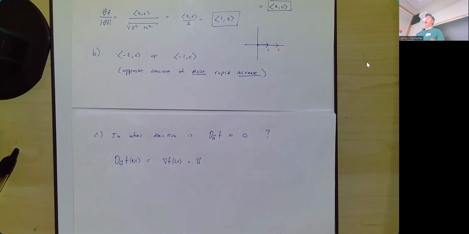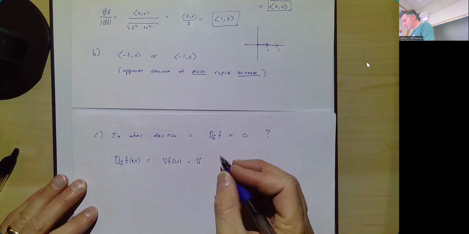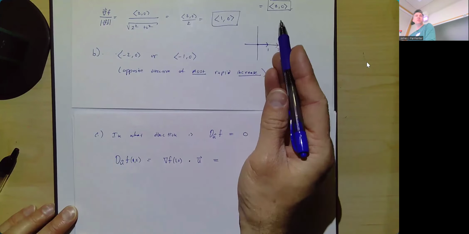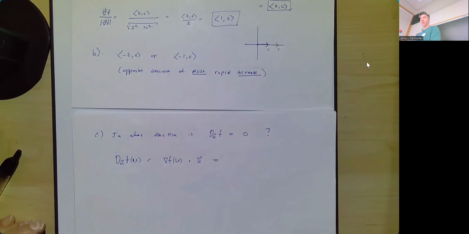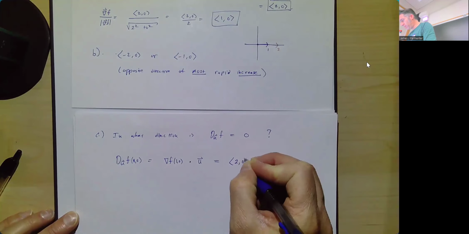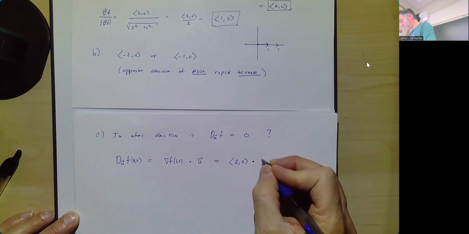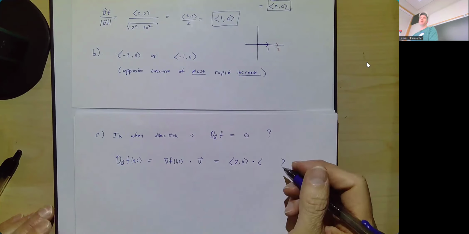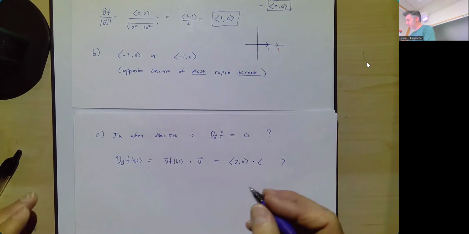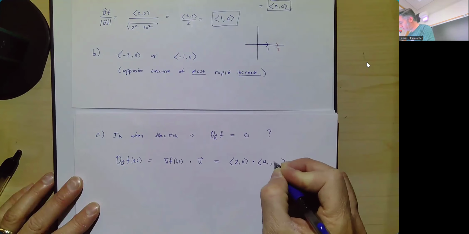So we'll do it this way. Our gradient was, you can use either one. I'm going to use the 2, 0 because that's the actual gradient value. So 2, 0 dotted with my unit vector, which I'm going to write as u1, u2, or x, y, or whatever seems convenient to you. I would probably pick u1, u2.